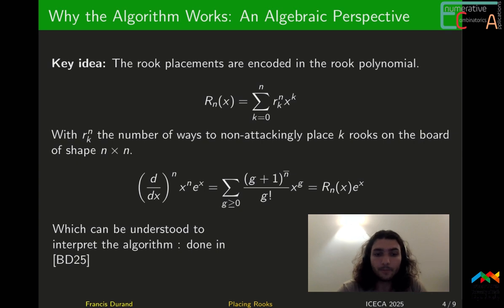All in all, the algorithm samples g, glues that number of ghost columns on the board, places the n rooks, and extracts the rook placement, which is completely encoded within the algebraic identity.